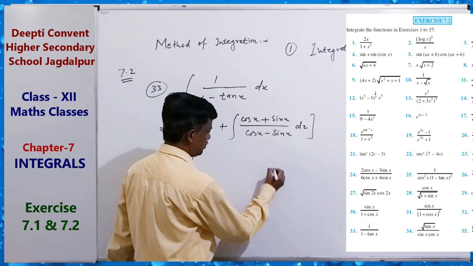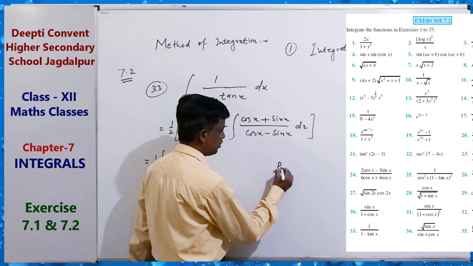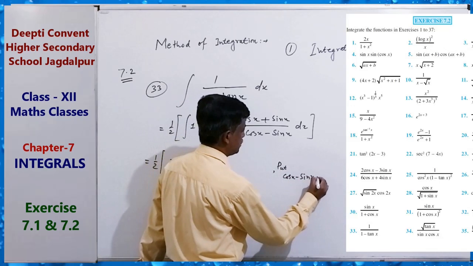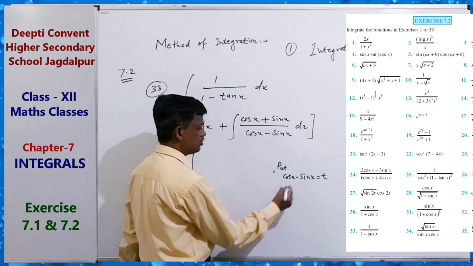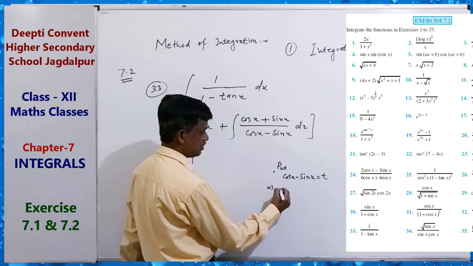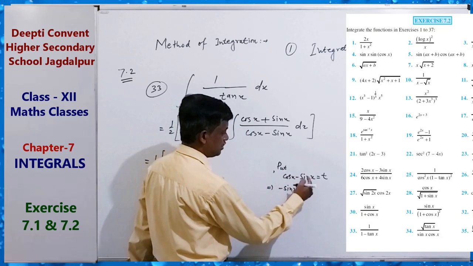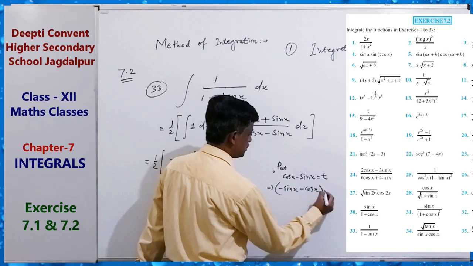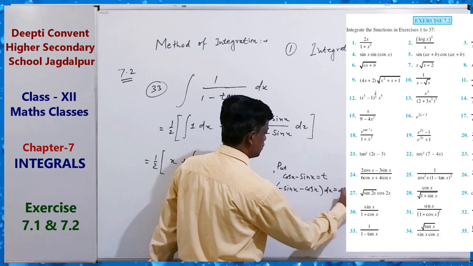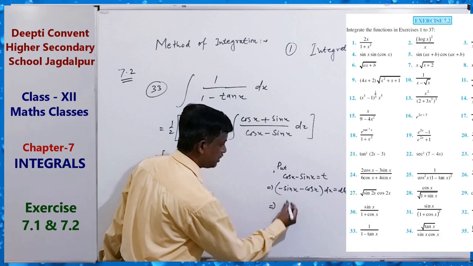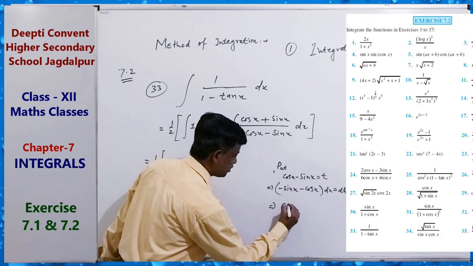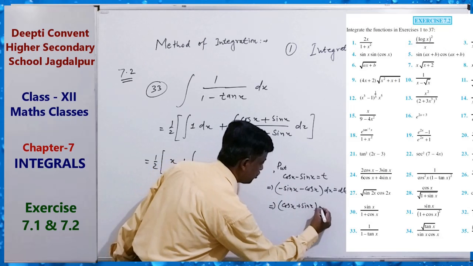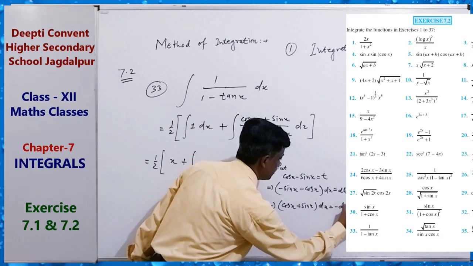here put cos x minus sin x equals t. So differentiation of this: minus sin x, differentiation of cos x, so dx equals dt. So we get cos x plus sin x dx, taking minus common, equals minus dt.